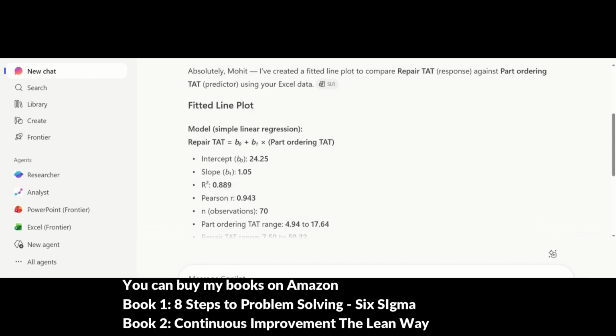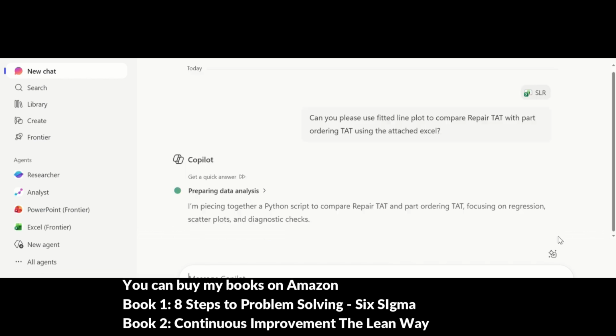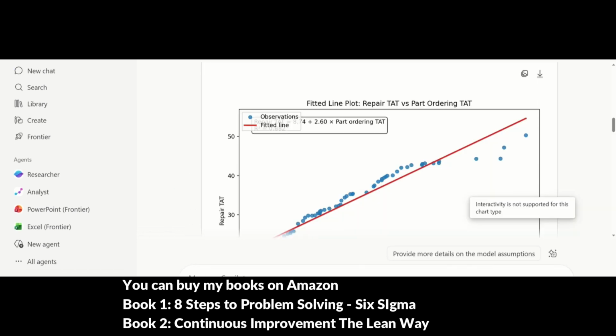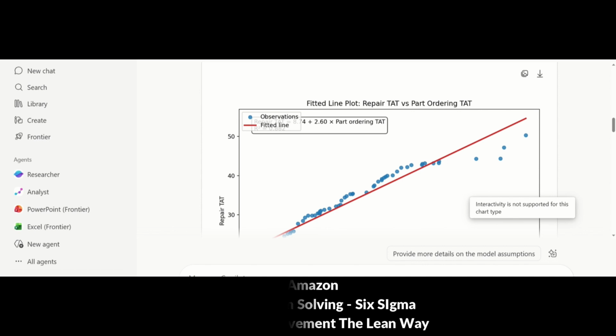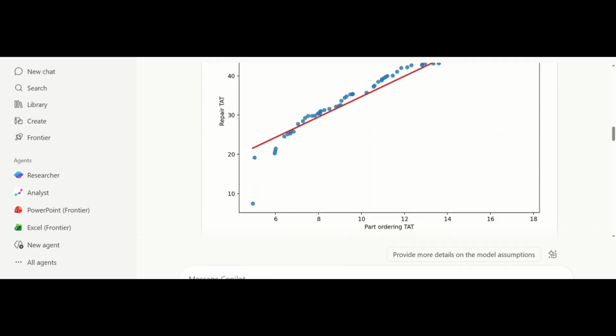So it has given me a fitted line plot. And wow, it is also giving me the same equation. The equation is, I think, 8.74 plus 2.6 into part ordering TAT. And the R square adjusted value is 0.882, which means 88.2%.